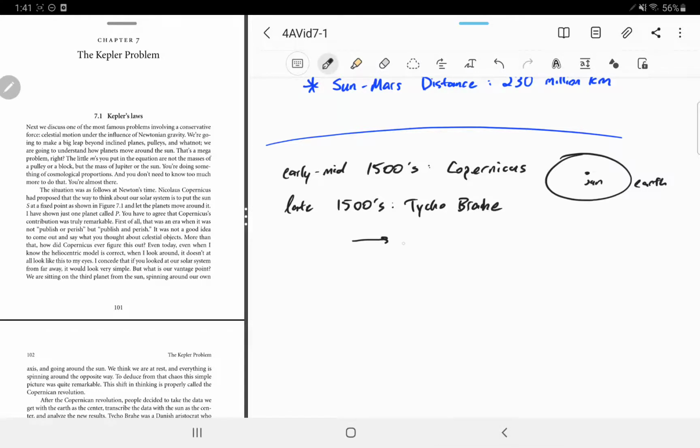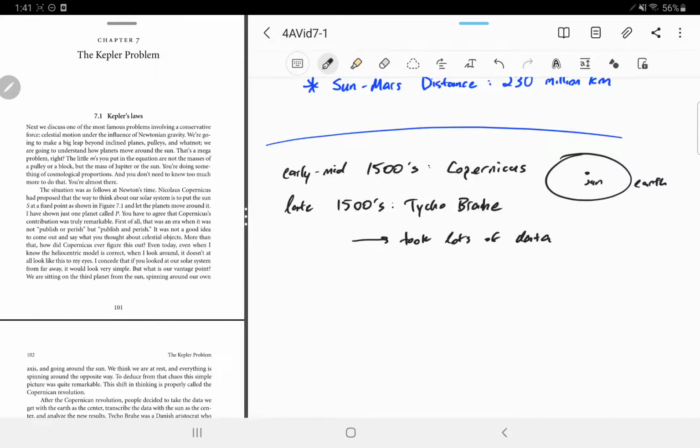So the main thing about him is he took lots of data. In addition to more interesting stories like getting into an argument about a mathematical formula and losing his nose, things like that. So he took a lot of data, hundreds and hundreds of pages of very careful observations.